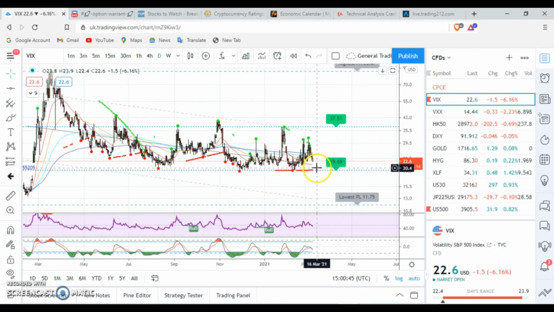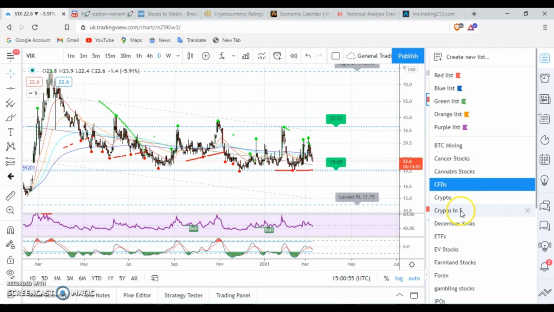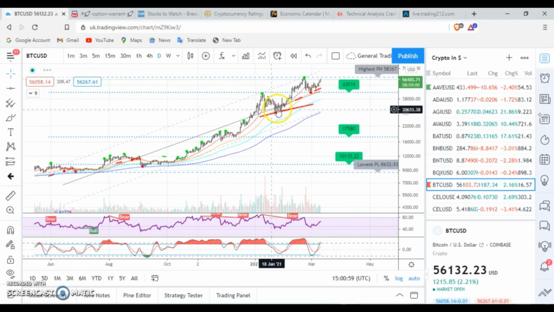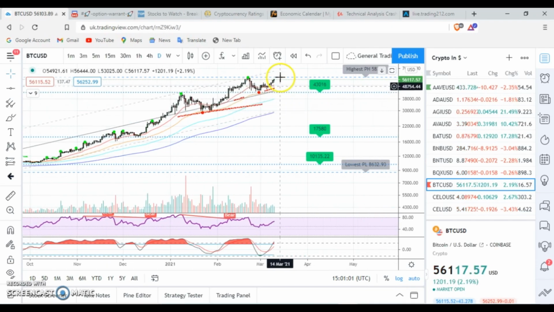When the VIX drops to about here, I think the VIX will rise again, which means your S&P and stocks will fall. And when stocks fall, the Bitcoin price also tends to correct with it. So I expect some more Bitcoin correction, pretty much imminent probably. I'm hoping there should be a few more days of bullishness in it, so I'll probably sell some more partials along the way.